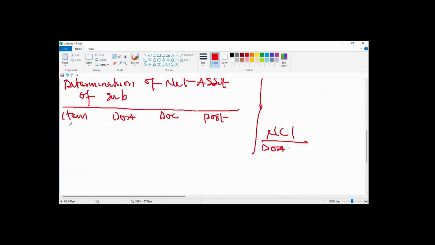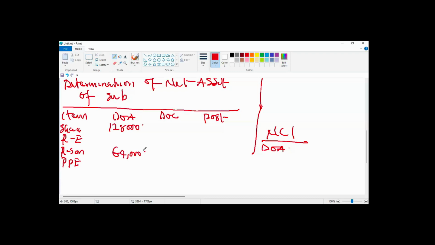I will say shares, 28,000. Retained earnings, they will not give me because it's the year of acquisition. Then there's a revaluation surplus on PPE, which is 64.